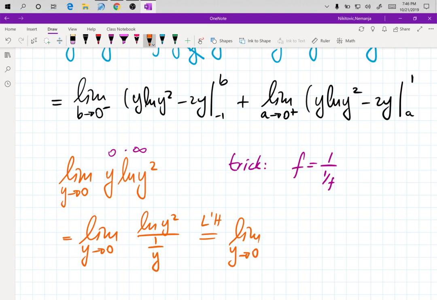On the bottom, you will have negative 1 over y squared, that's the derivative of 1 over y. And on the top, you will have 2 over y. So the whole thing simplifies into negative 2y. And when you send y to 0, we get 0. Beautiful.